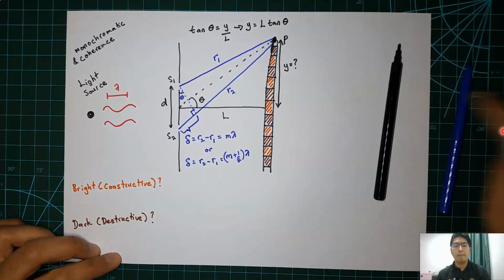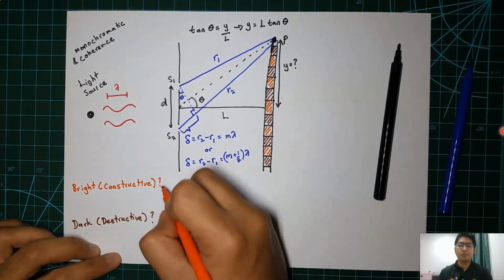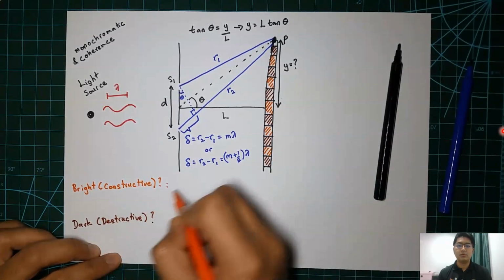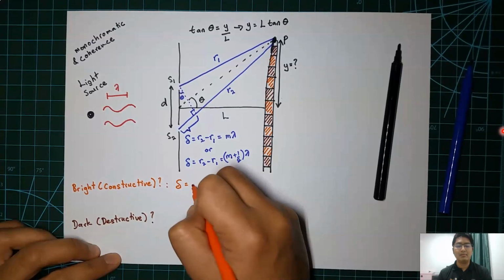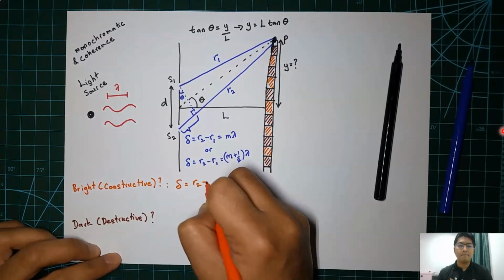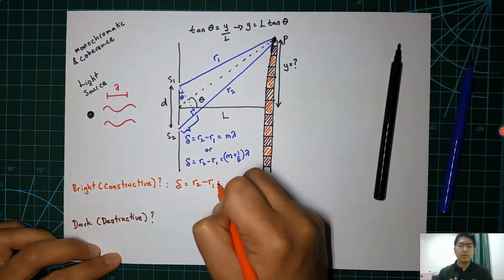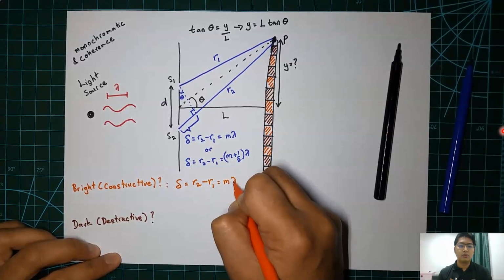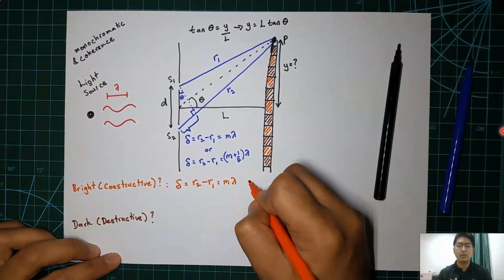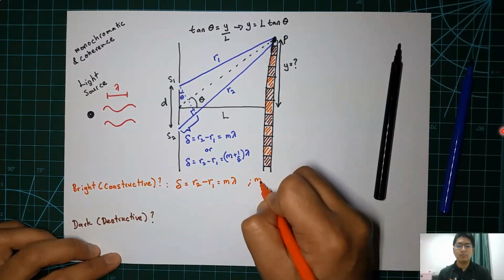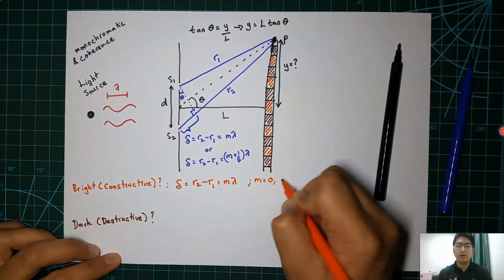As I mentioned before, the path difference is associated with d sine theta. So R2 minus R1 for constructive interference equals m lambda. That's the equation, and the equation must be accompanied by the condition.